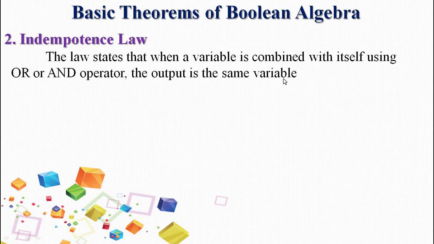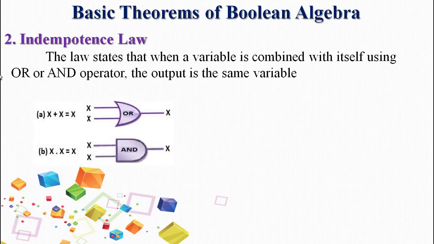That is, x can be added with x or multiplied with x, it will always be x itself. Let us see the expression. With the OR, x plus x is equal to x. With the AND, x into x is equal to x.